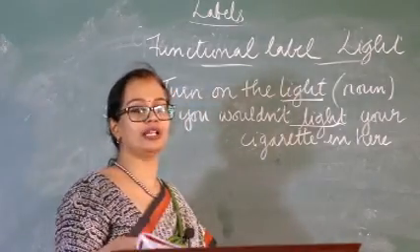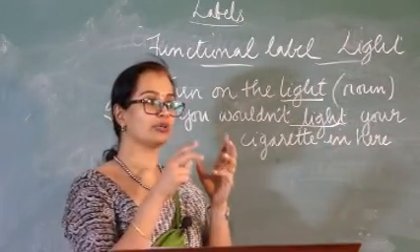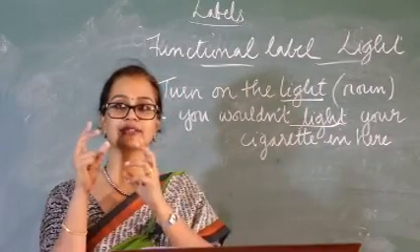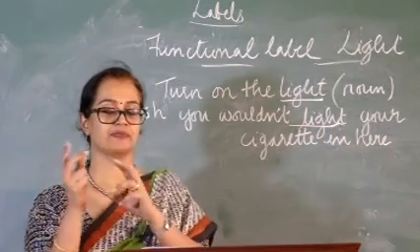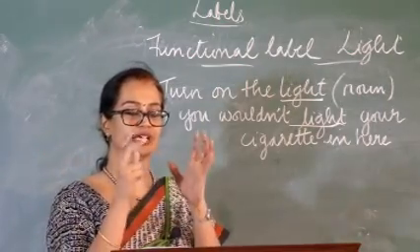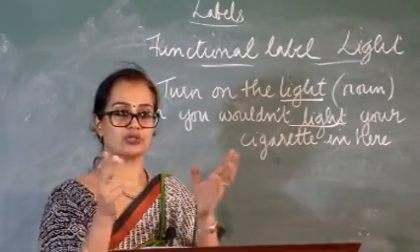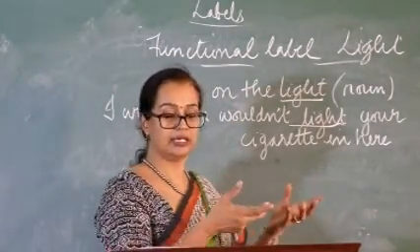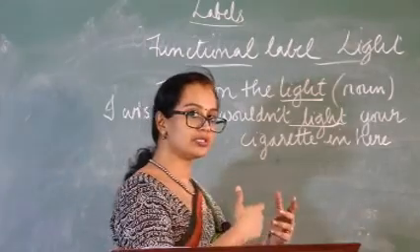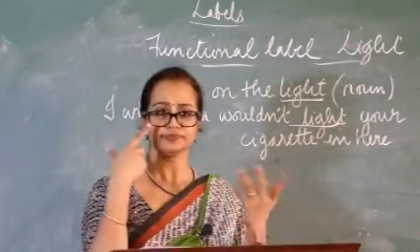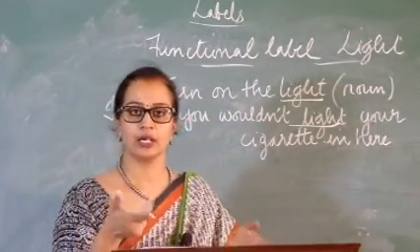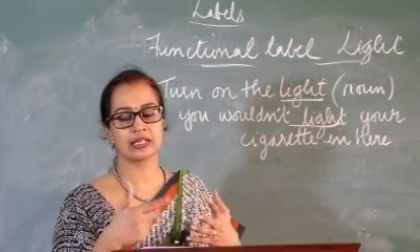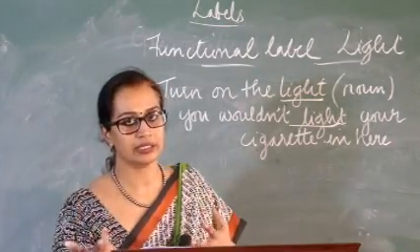So how can you label a word as a naming word? You said a noun is a naming word. Light is also a name. But that word functions as a noun in certain places, whereas it functions as a verb in certain other places.